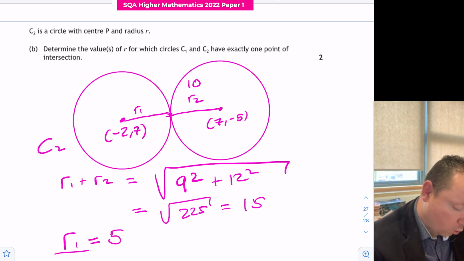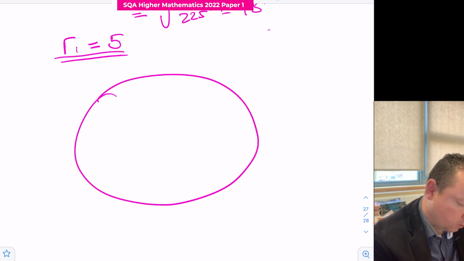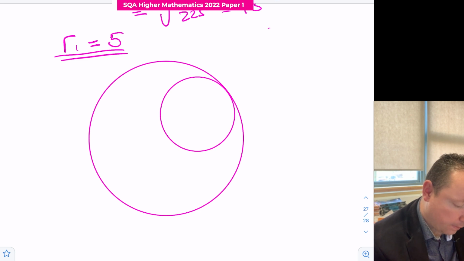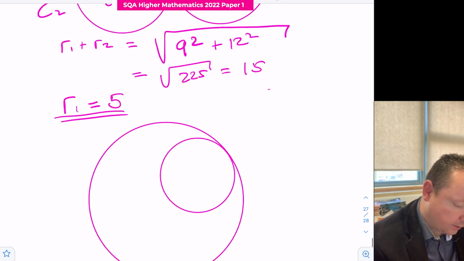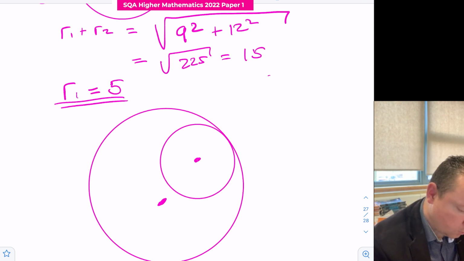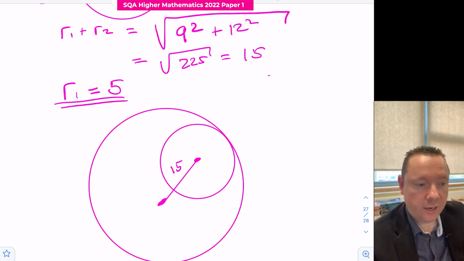So that's one option. For the second option, we could have the 2 circles inside each other. And in that case, we already know the distance between these 2 circles is 15. But we also know one other piece of information, that the radius of one of our circles is 10.